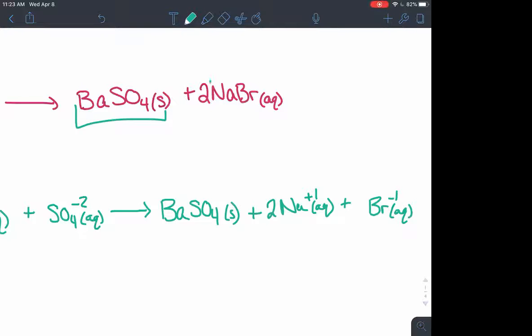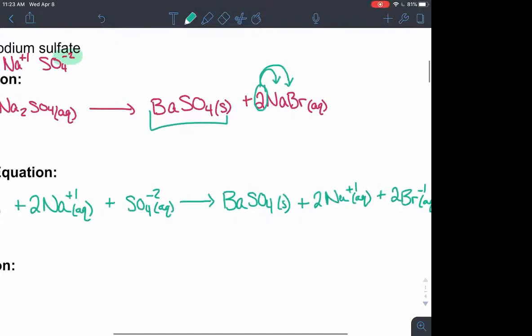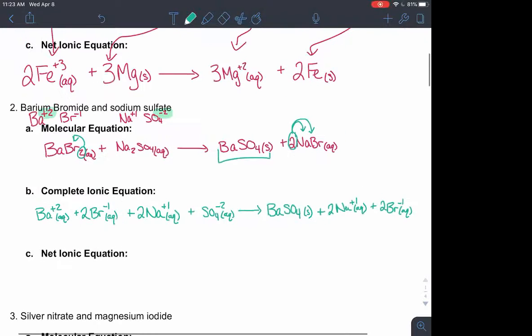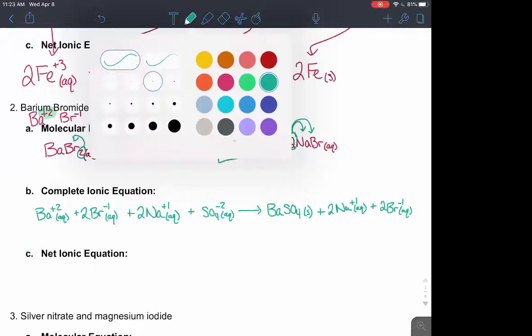So if we look, that 2, don't forget that 2 distributes into the Na, but it also goes to the Br. So we have to put a 2 in front of our Br as well. Okay. All right. And now we need to come up with our net ionic equation.